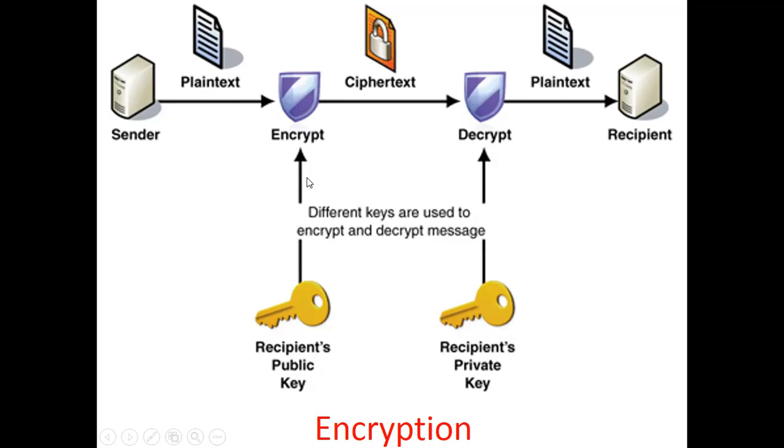The encrypted text is known as the ciphertext. When the recipient receives that ciphertext, the recipient is also not able to read that message. Therefore, he has to decode it, and to decode that message, the recipient has to use the private key. When the recipient applies the private key on the ciphertext, it gets converted into plain text, and then the recipient can read it.